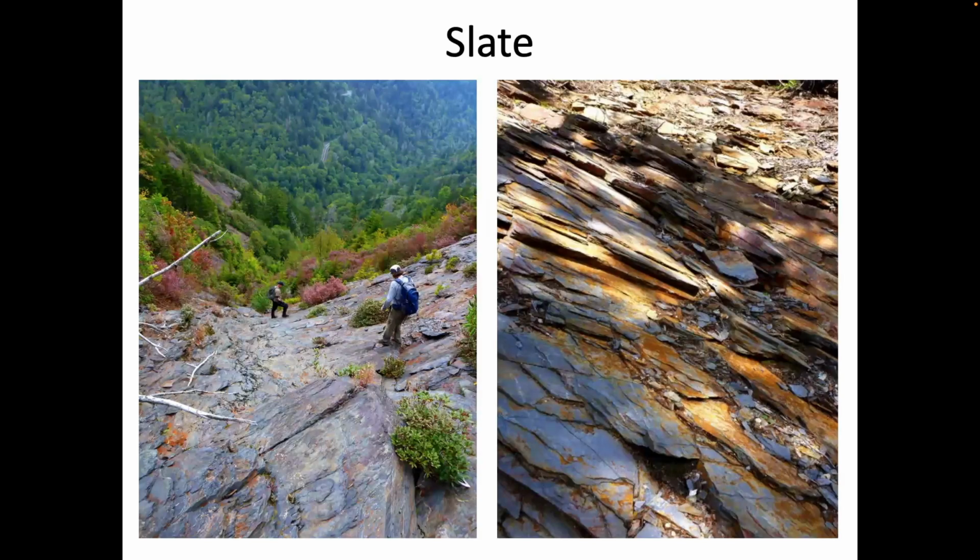These are slate outcrops up on the top of Mount LeConte above Gatlinburg. If you look down there, there's a highway, and that's the road that leads up through Great Smoky Mountains National Park to Newfound Gap. That's the main dividing road over the Smokies. And you can actually look up in places, and these are landslides where the highly unstable rock, slate in this case, periodically sloughs off and forms these avalanches or debris slides.